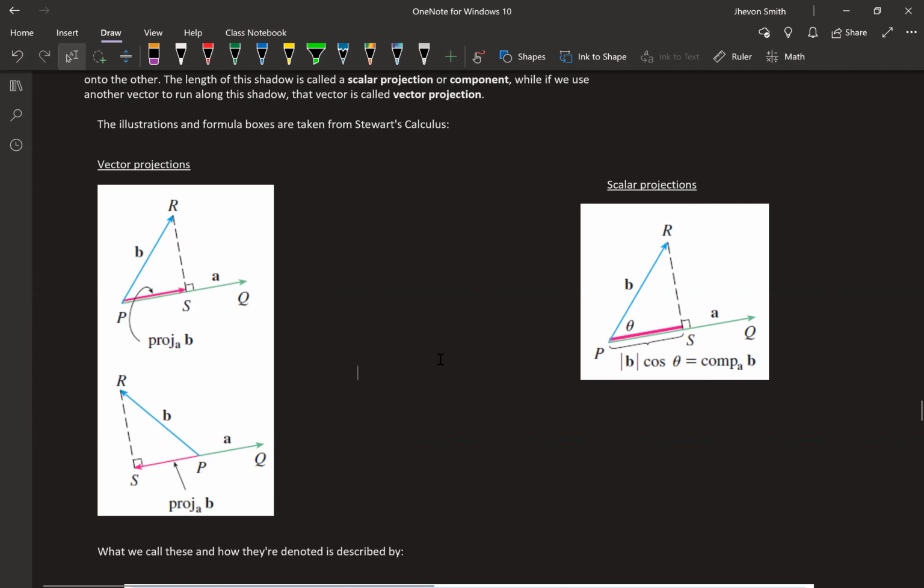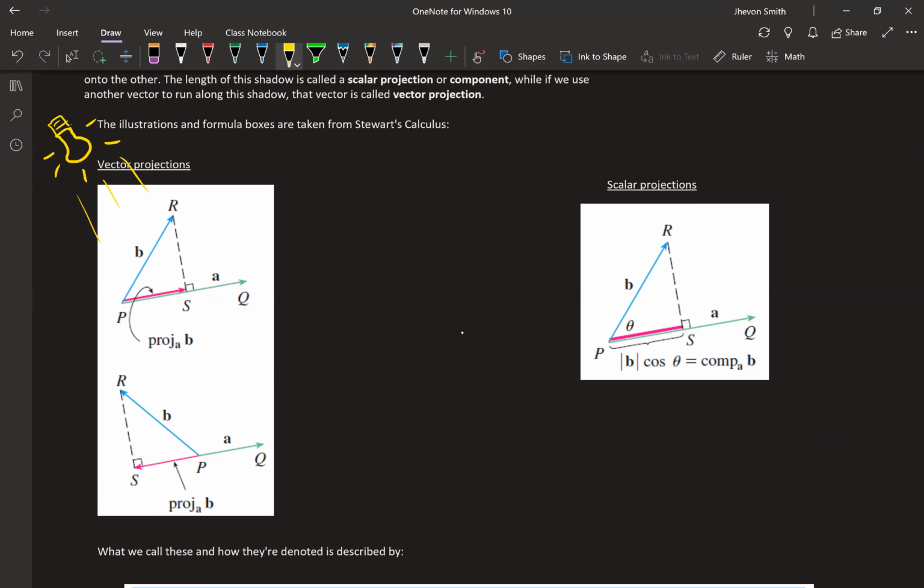And what we want to do is imagine that we're shining a light. Like there's a light bulb out here, right? And it's shining a light. And essentially what's going to happen, it shines a light perpendicular and it projects the shadow of one vector onto the other vector.